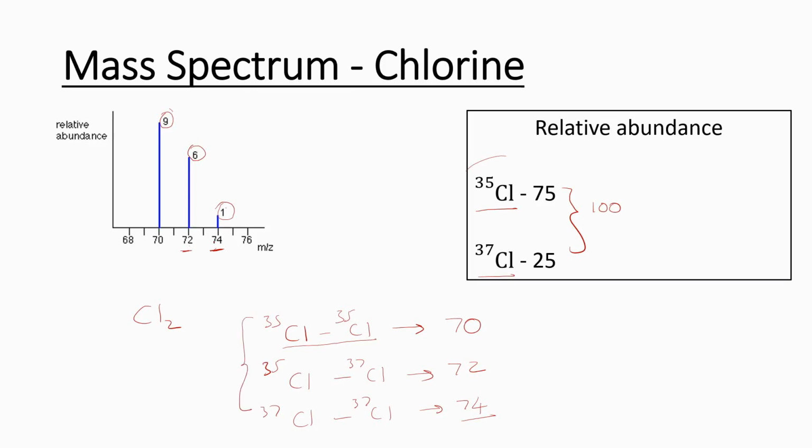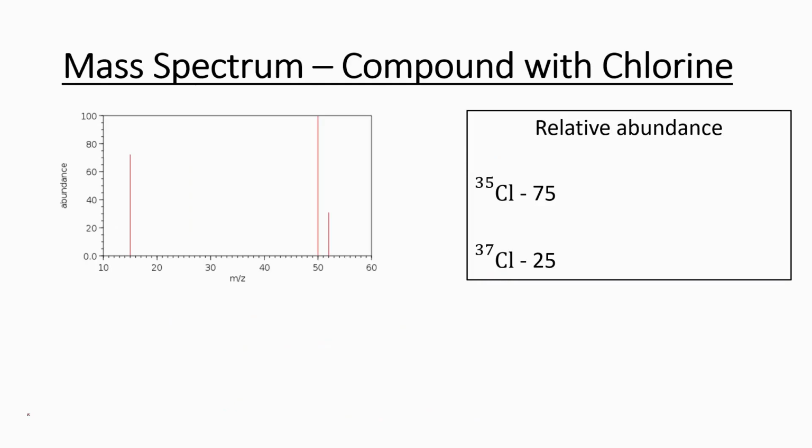What about compounds with atoms that exist as different isotopes? So here we have a mass spectrum of a compound. I'm going to designate this compound R. Within this compound, we have one atom of chlorine bonded within this compound.